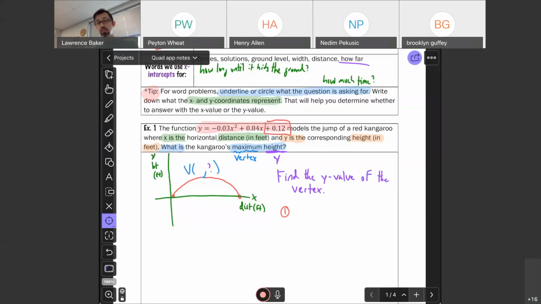How do we find the y value of the vertex? Did it yesterday. We just did it a minute ago. How do we find the y value of the vertex?